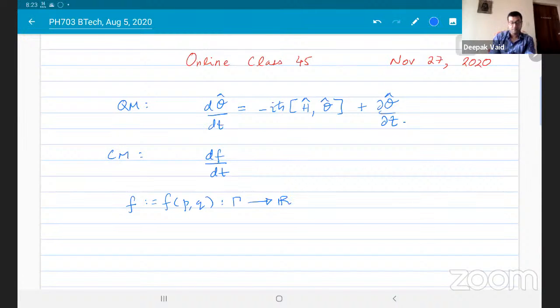So p, q are the phase space coordinates, and f is a function from gamma. What is gamma? Gamma is the space of these momentum and position coordinates. And this quantity is the Poisson bracket of the Hamiltonian with the function, plus the partial derivative of the function with respect to time.